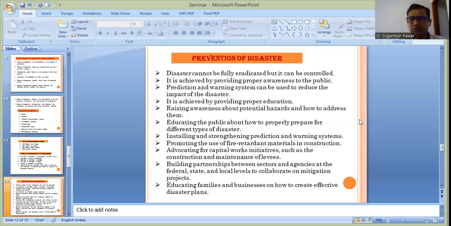And last is educating families and businesses on how to create effective disaster management plans.